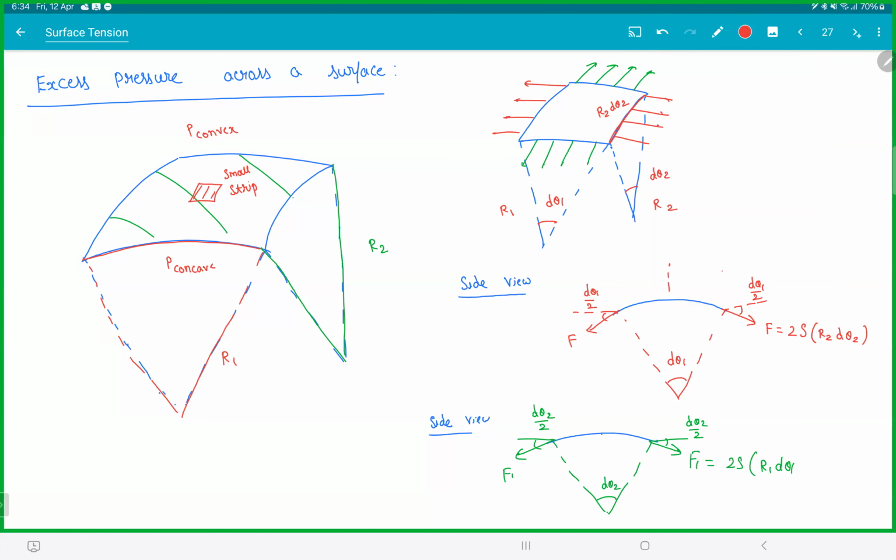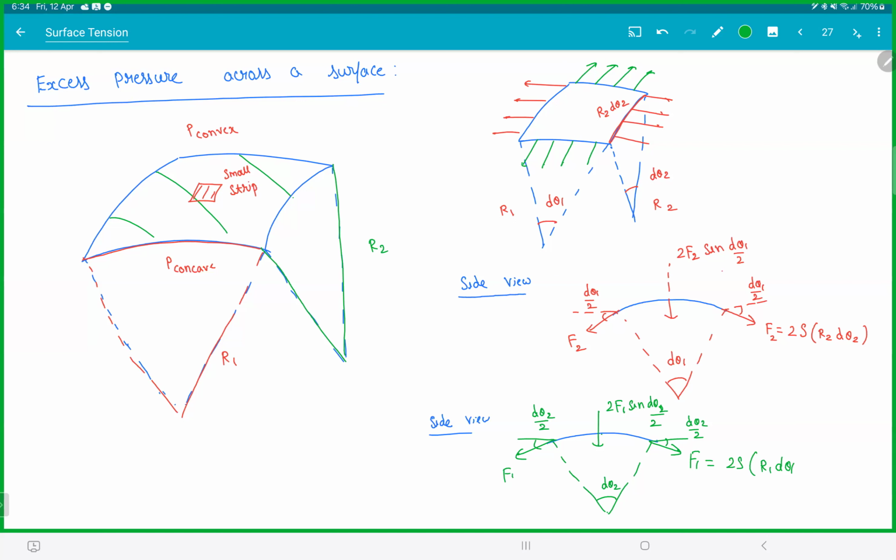So this guy will generate a downward force, let's call it F2, of 2 F2 sine d theta 1 by 2. These two guys will generate a net force of 2 F1 sine d theta 2 by 2. Please have a look at this. Are you getting what I was doing there?